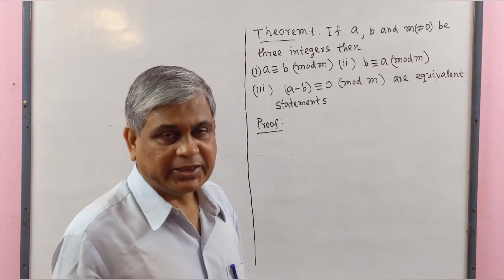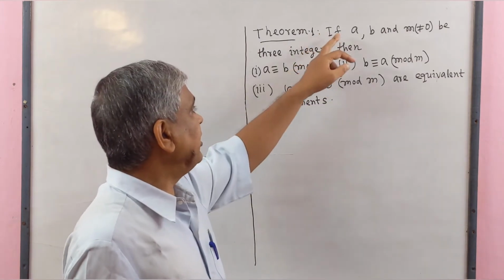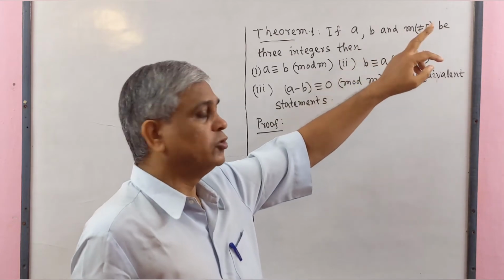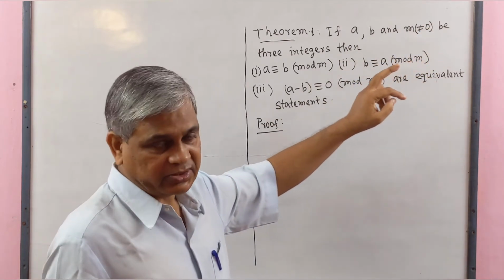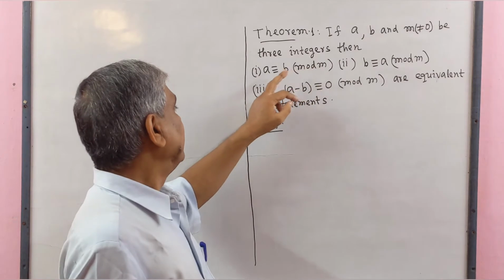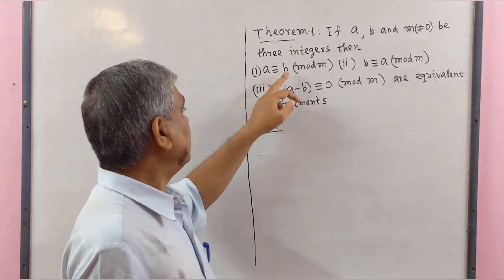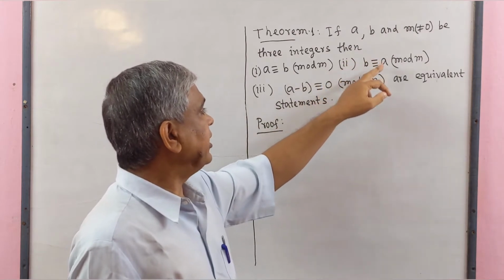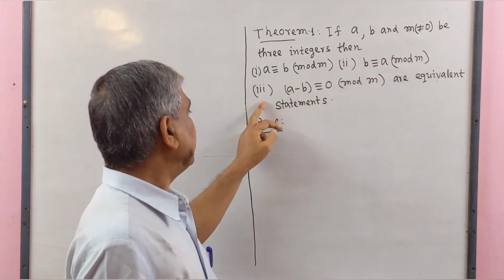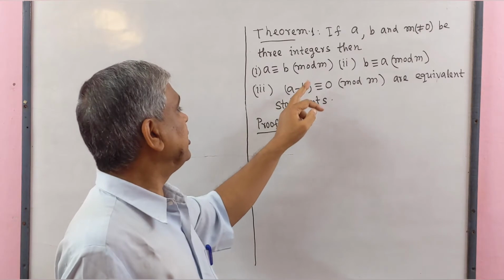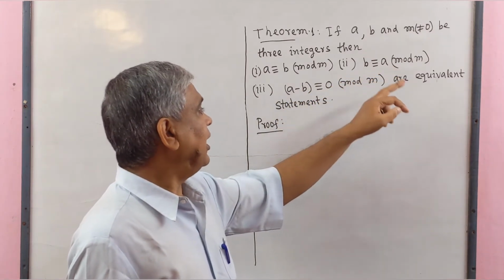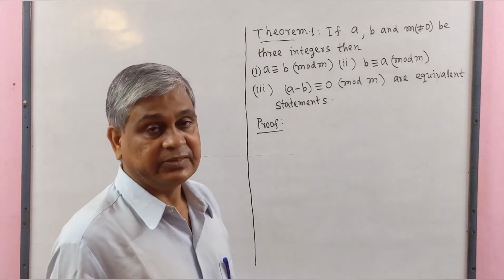Now we prove a theorem. The theorem is: if a, b and m not equal to 0 are three integers, then number 1, a is congruent to b modulo m; number 2, b is congruent to a modulo m; number 3, a minus b is congruent to 0 modulo m, are equivalent statements.